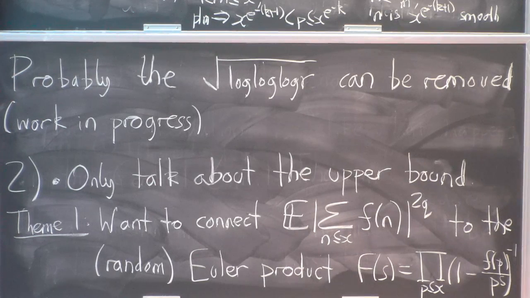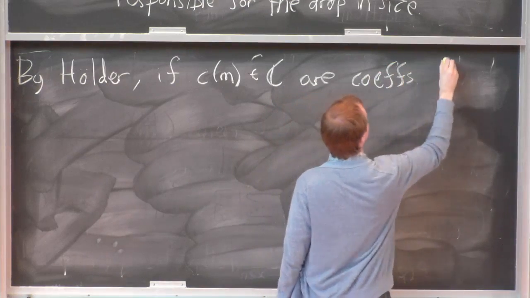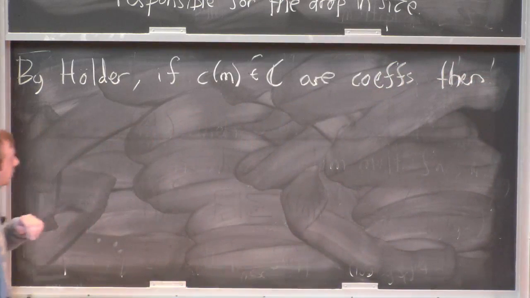So by Holder, if I have just some coefficients, some numbers, c_m, and we'll call this here I sub k, this interval.